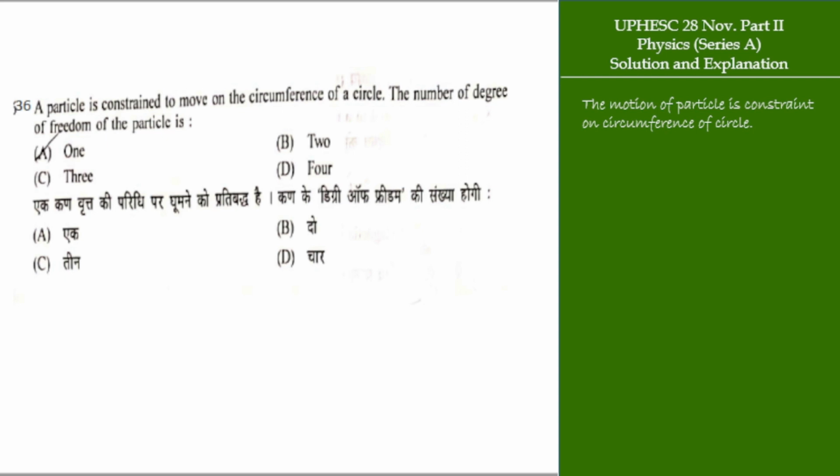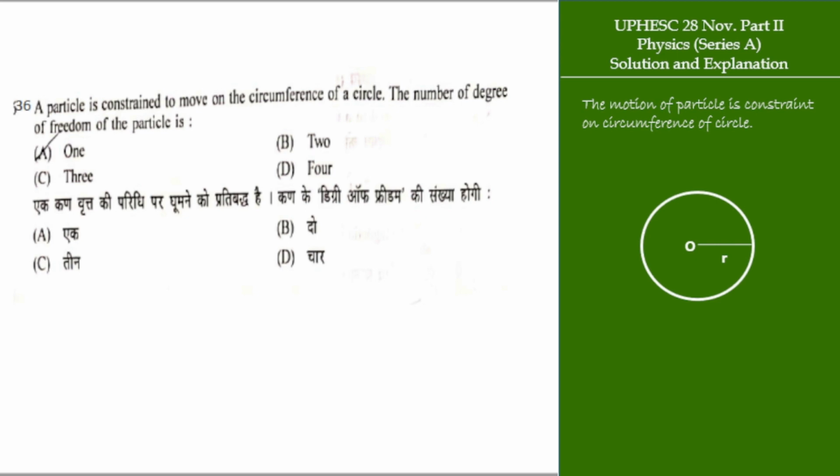It is given that the motion of the particle is constrained on the circumference of the circle, so one variable will be constant throughout the motion. Let's draw a circle with radius r with center O. The particle is moving on the circumference, so throughout the journey, r will be the fixed quantity.